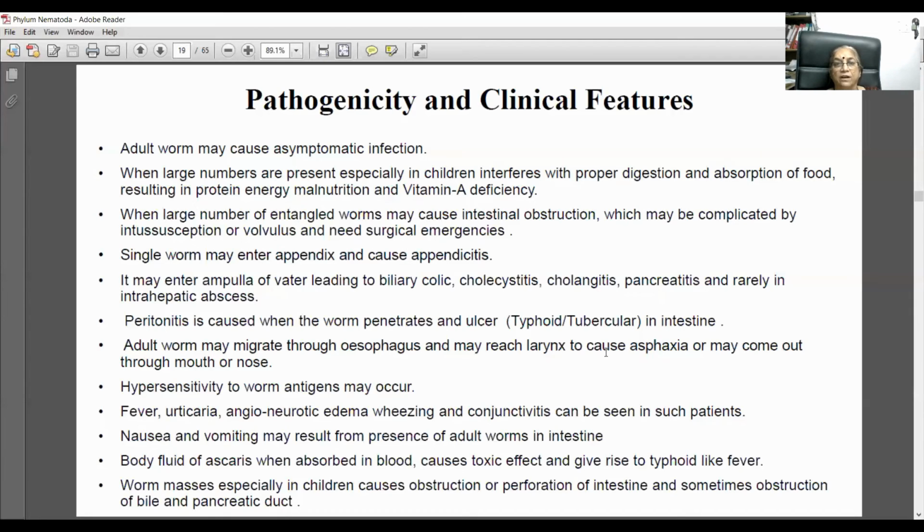From there they are reaching the epiglottis. They are going to reach the larynx. And once they are blocking the throat, the asphyxic condition occurs. And sometimes if the worms are more, they will come out of the esophagus. They are coming out of the mouth. They can come out of the nose, and that is possible in heavy infections.